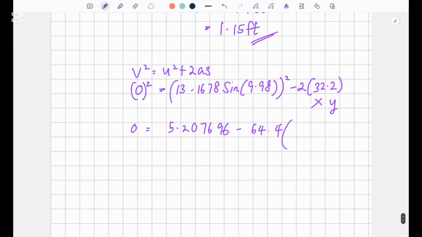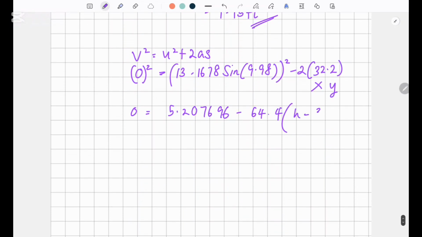H minus 3/5 D. So you can find H minus 3/5 D equals 0.08086.